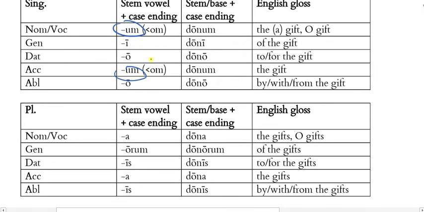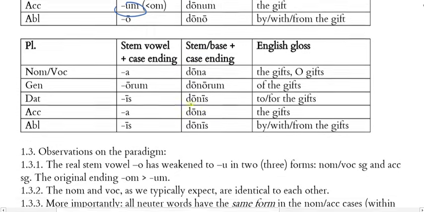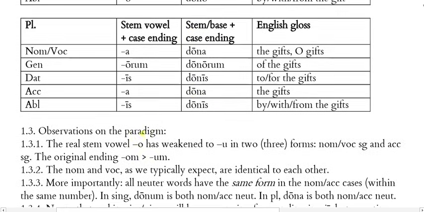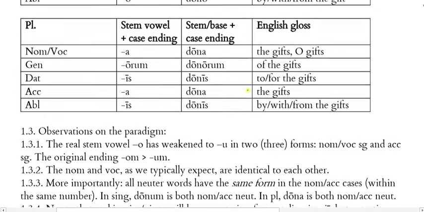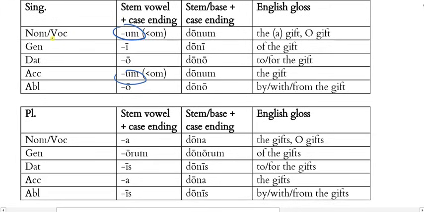So you see the O of the stem vowel obscured there through weakening to a U. And then the nominative and vocative, as we expect for most of our nouns, are identical to each other. And that's why I've put them on the same line here, nominative and vocative singular and nominative and vocative plural -a.